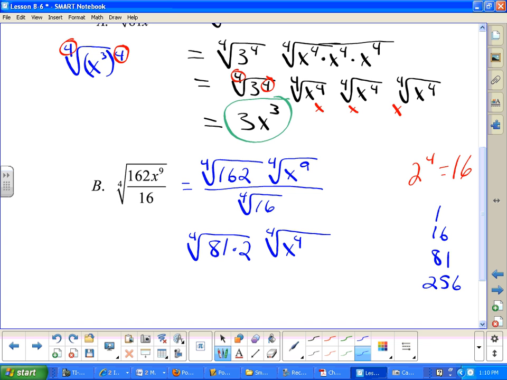If I write x to the fourth power again, what's my power now under the radical? Because I'm multiplying with the same base, what do I do with the exponents? You add them. So what's 4 plus 4? 8. But this was x to the 9th, so I also need another x here. And in my denominator I have 2 because the 4th root of 16 is 2.